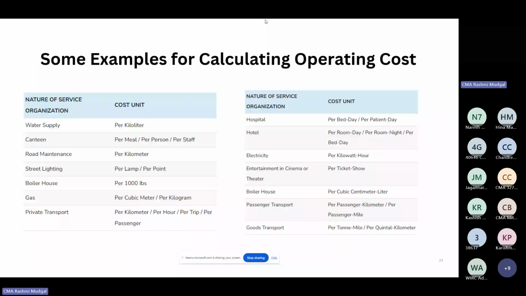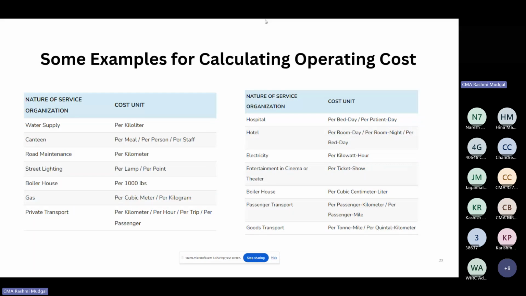Per trip, how many trips I have taken from one place to another. If I am going from Mumbai to Rajasthan, what is the cost per trip, as well as round trip. Per passenger, how much cost a passenger takes. If I'm taking a trip with 7 passengers in the vehicle, how much per person cost will be there.